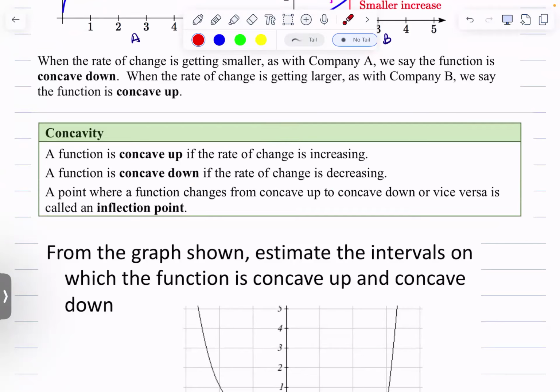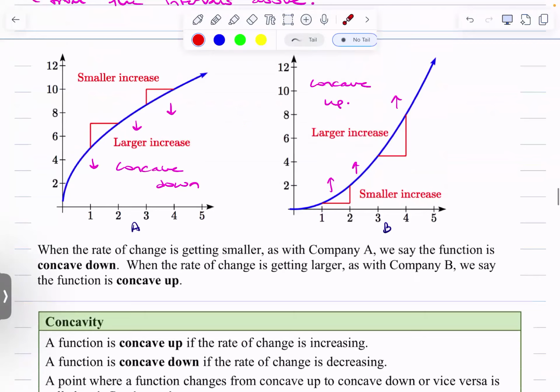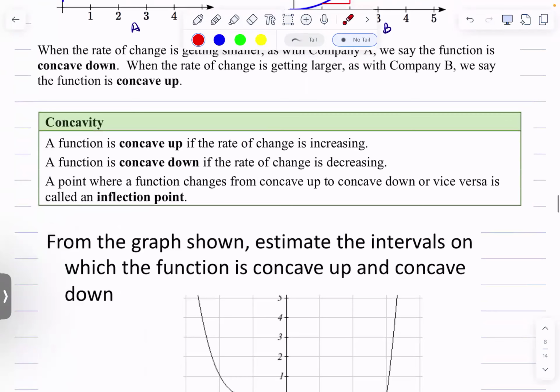So how will you know? You can look at a graph and then it's easy to see, right? If the cup is facing down or facing up, right? But you would have to calculate some average rates of change over a span of x's, right, to see how it's behaving, right?